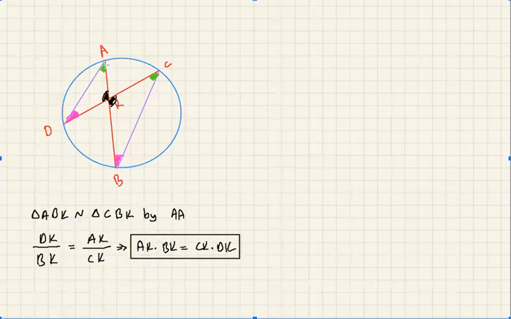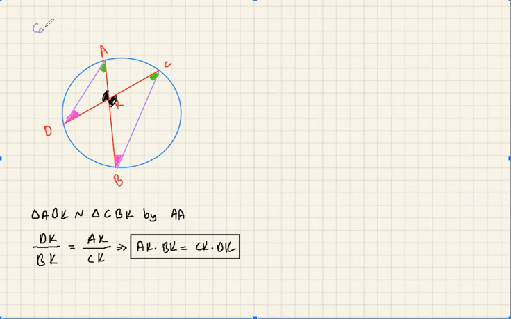It's basically AK, BK: the parts of this chord, AK and BK, when you multiply those two pieces, will be equal to DK times KC, or CK. That's the first relation, the intersection of two chords. So we have two chords, and that's the first case.